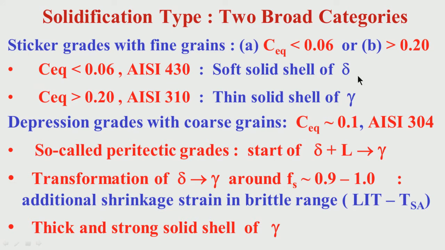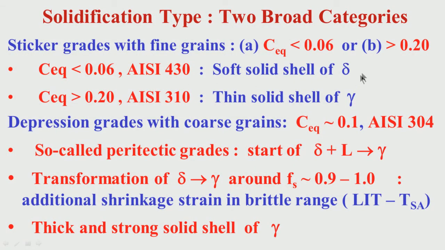During solidification, even slightly below solidification, delta ferrite will continue to be present. So, austenite transformation will start only at quite low temperature, much below the solidification completion temperature. So, because of this delta ferrite, the shell is soft.